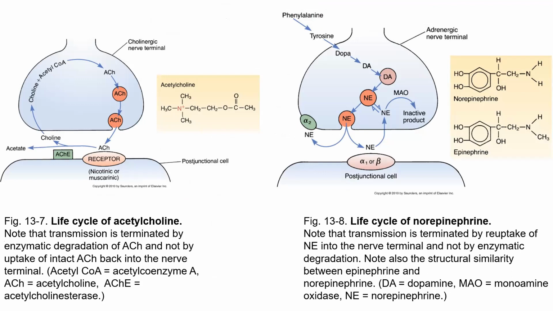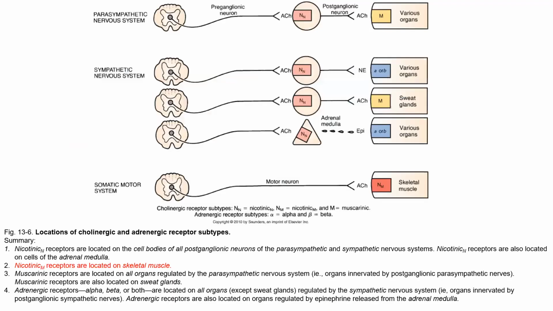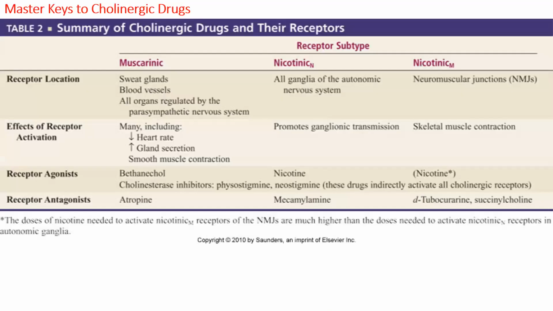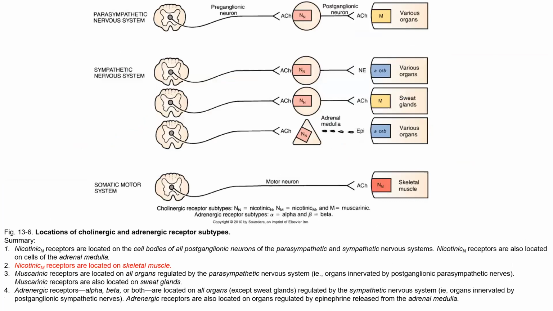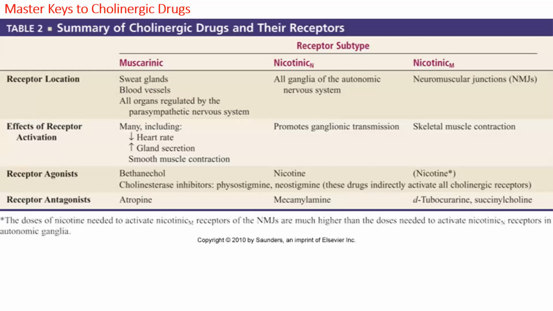Before we go to the life cycle of acetylcholine and dopamine, we have different types of receptors: cholinergic and adrenergic.